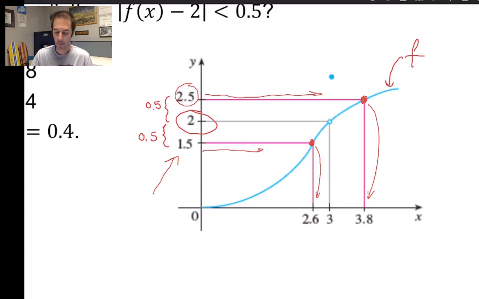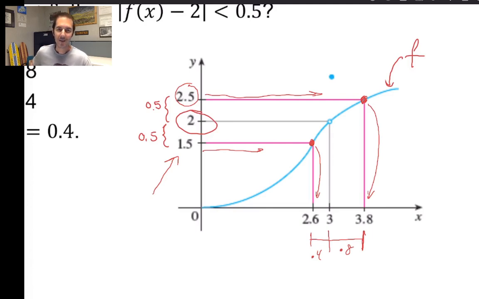That's nice. Now vertically, I showed you that that epsilon value is 0.5. We're starting with that y coordinate of 2, and then we're going up or down 0.5 on the y-axis. We'd like to do something a little bit more similar to that here on the x-axis. Now this number of 2.6 is 0.4 away from 3, and this number of 3.8 is 0.8 away from 3.